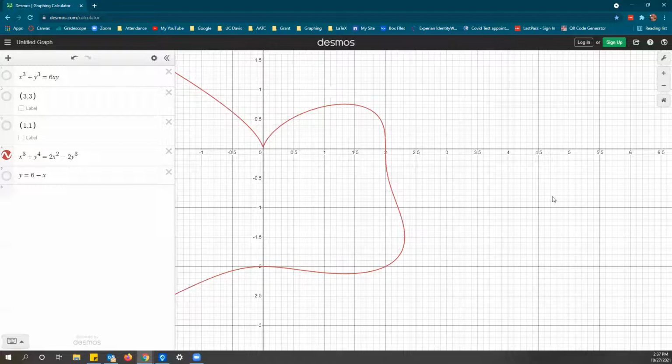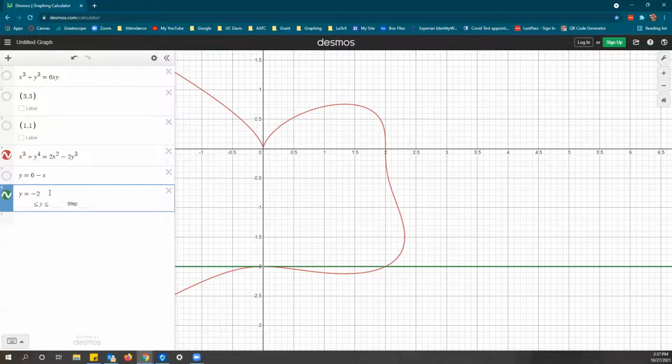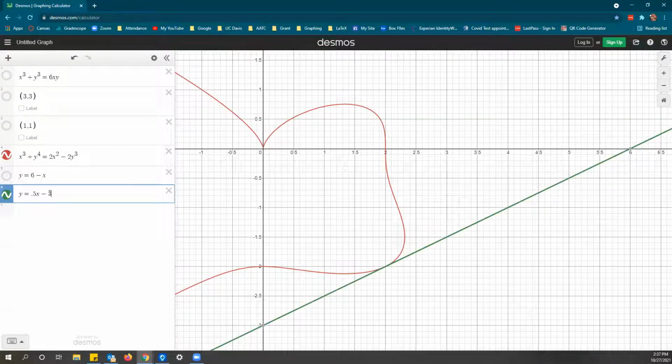You can see y equals -2. Oh yeah, it's totally tangent there. Or you can see x equal to 2, totally tangent there. Or you can even see y equals 1/2 x minus 3.